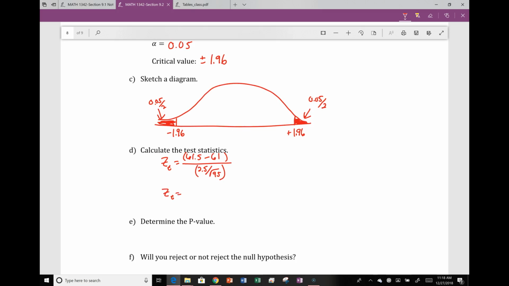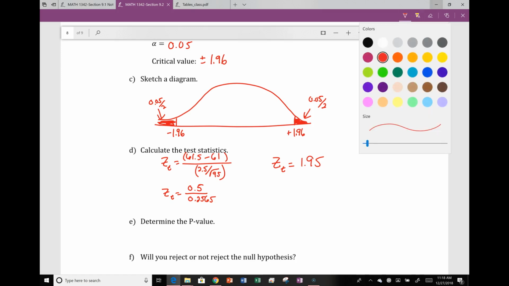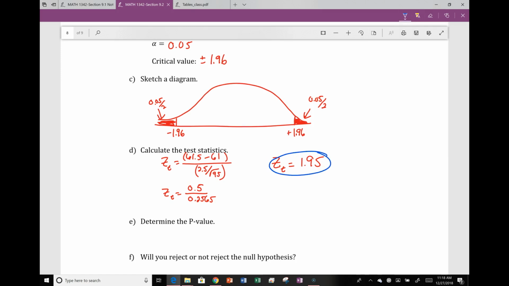So 61.5 minus 61 is going to be 0.5. 2.5 divided by the square root of 95 is 0.2565. We divide this out. Our test statistic is 1.95. So if I look at this 1.95 here, it is going to be slightly over here.